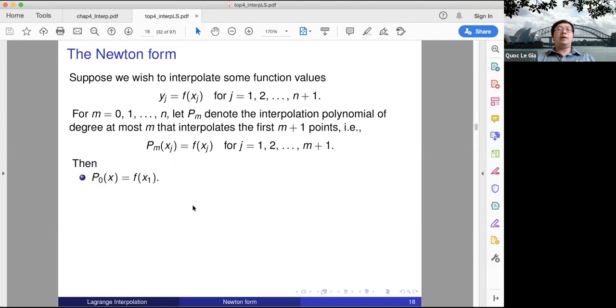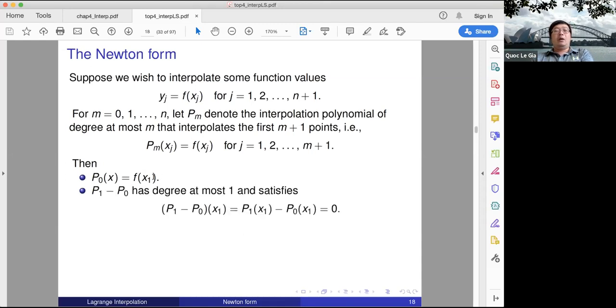Then, okay, so what is P0? So P0 is definitely just a constant, right? Because Pm has degree m. And when m equals 0, it's a polynomial of degree 0. Well, it's just a constant. And the constant equals f of x1. So simple, right? Okay, now what is P1?